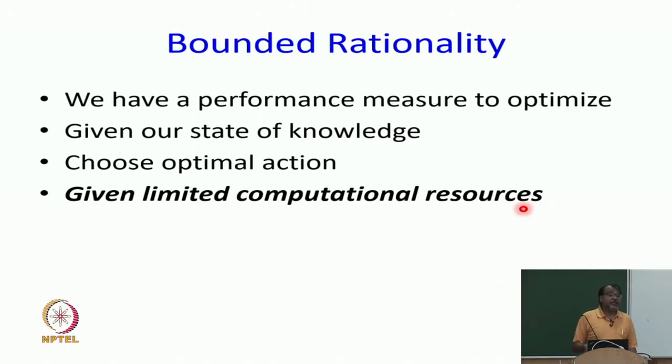Now, given limited computational resources, we are never reaching the optimal in general. So, a more intelligent system would be one which gets to a better performance compared to the other one. And that is why we will have rankings of AI systems. It is no different from the chess rankings.